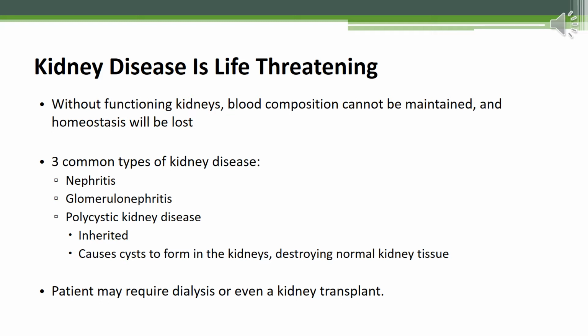There's nephritis, polycystic kidney disease, and this is the only one of these which can be inherited, and it causes cysts to form in the kidneys and destroys normal kidney tissue. A patient suffering from any of these may require dialysis or possibly even a kidney transplant.